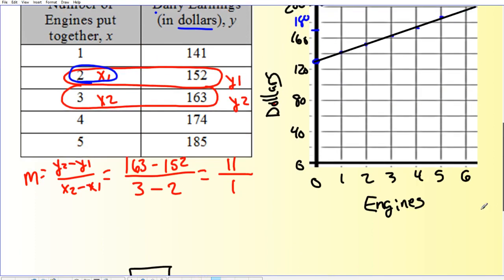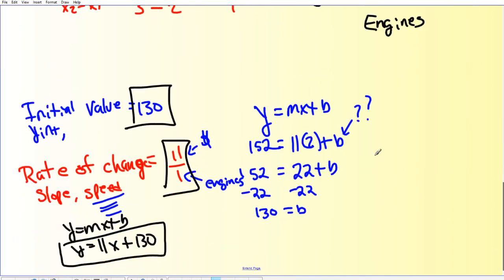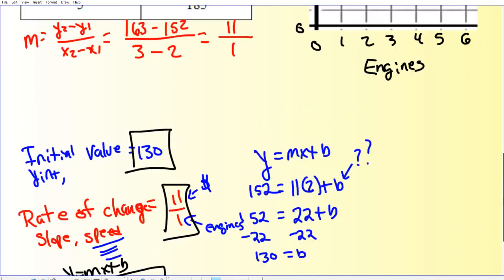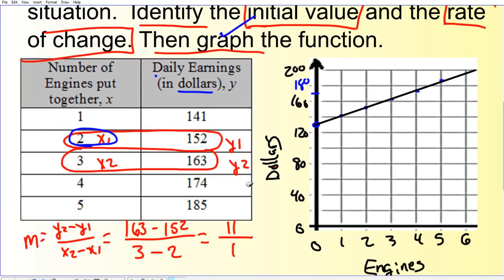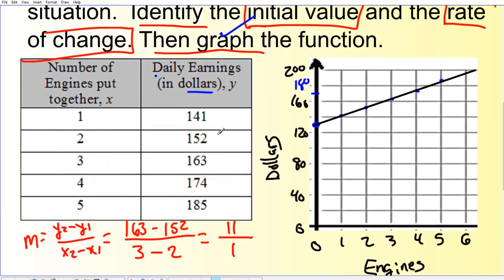By the way, another way you could have found the initial value, if you didn't really like this thing down here, you could have looked at this graph and gone, okay, after you found the slope is 11, you found this pattern. The pattern here is plus $11, plus $11, plus $11.